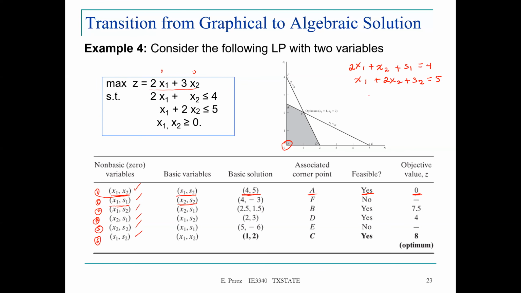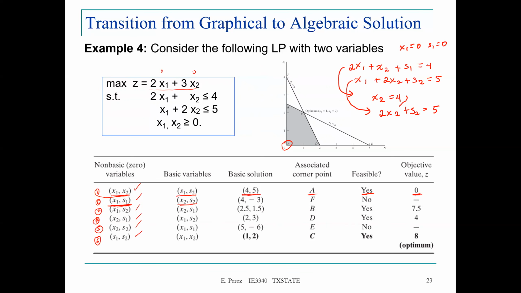So basically what I'm saying for the second case is that I'm making x1 equals 0 and s1 equals 0. If that's the case, then the first constraint is going to become x2 equals 4.